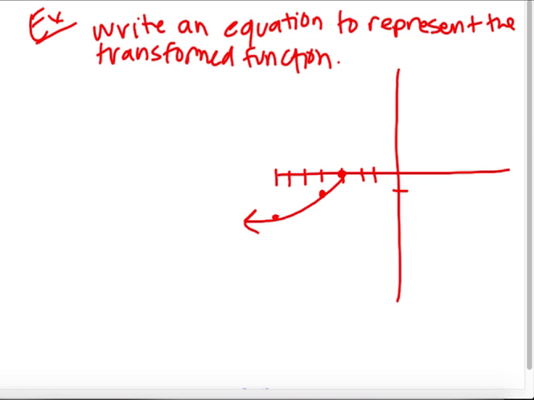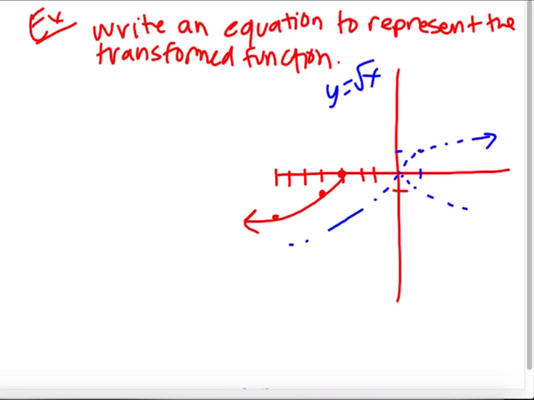So that parent function is really y equals square root of x, and it's been transformed. So the parent function is up here. So hopefully you can see that that has been reflected across both axes. So it's been reflected down and then reflected over. That's how it's getting that shape.